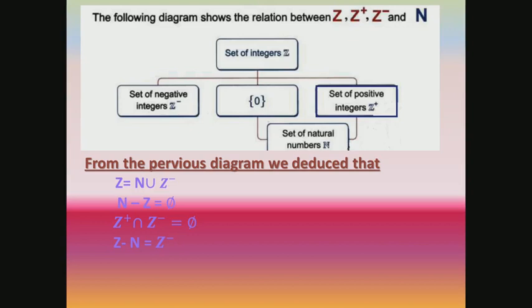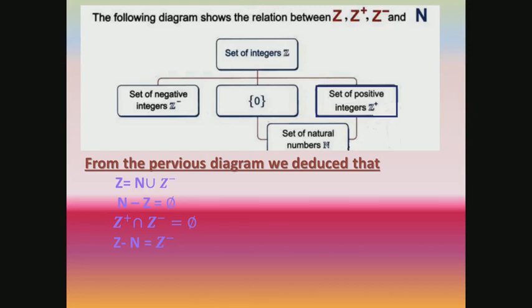Z plus intersection Z negative is equal to empty. Why? Because there is no number that exists in Z plus and exists in Z negative. Z plus consists of 1, 2, and so on. Z negative: -1, -2, and so on.